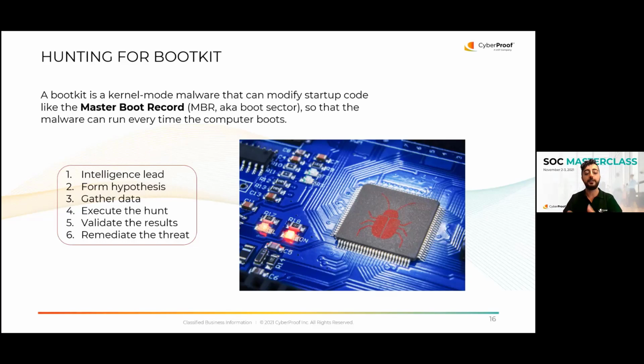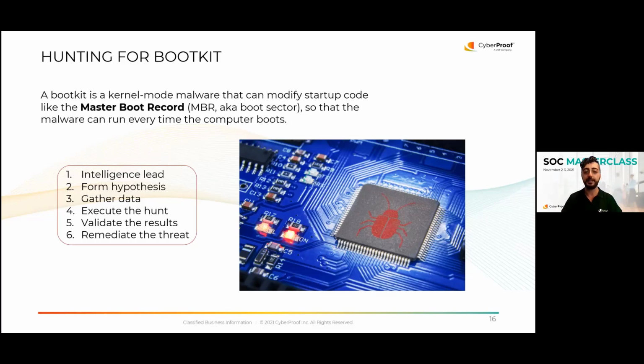Obviously, we delivered this to the client, and the threat hunting team was asked to do our job. So basically, this is what we did. And it was a remarkable work of collaboration between our intelligence team and the hunting team in order to detect this kind of threat within the environment.